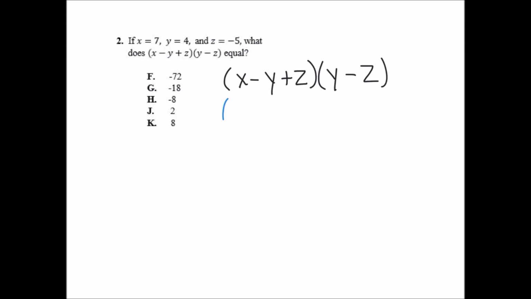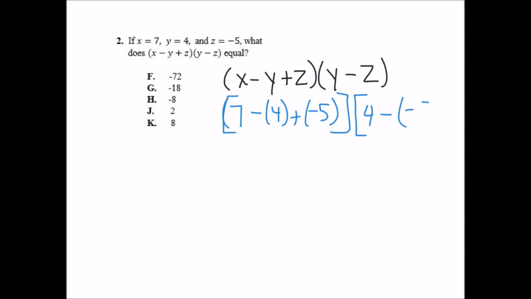So rewriting this, it is 7, now it's minus a 4 plus a negative 5, probably better to make that a bracket, times the quantity of y is 4 minus, and the z is negative 5.